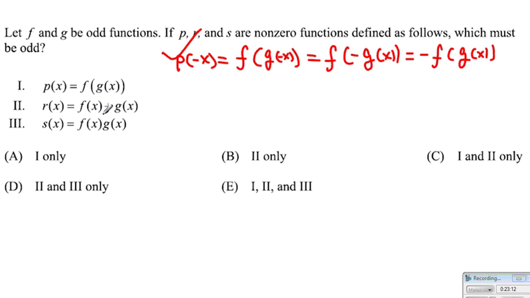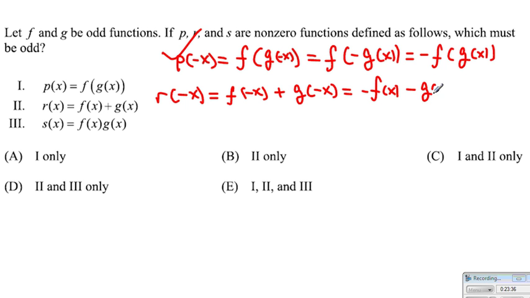It's odd. How about here? r of negative x becomes f of negative x plus g of negative x. Since both of them are odd functions, we'll end up getting negative f of x minus g of x.